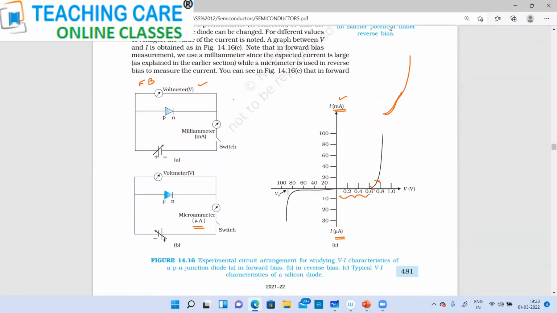So you have to keep in mind, it is forward biasing, it offers low resistance.